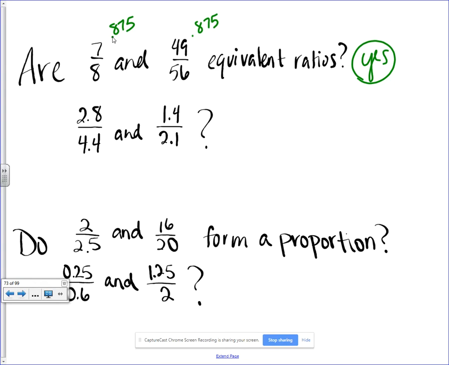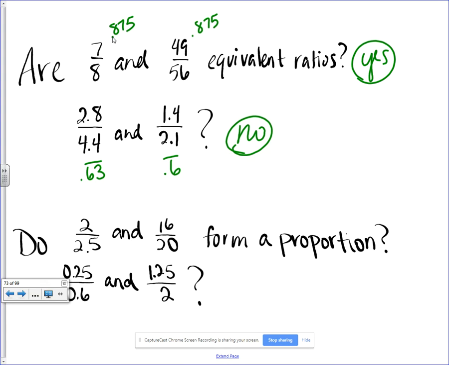Okay, well, if I'm asking if they're equivalent, basically I'm asking if they're equal. Well, we just recall from those definitions I gave you that when they're a proportion, that means that they're equal. So if I am looking at this next set of problems where it says 2 over 2.5 and 16 over 20 form a proportion, well, if they form a proportion, that means that they have to be equal to each other.